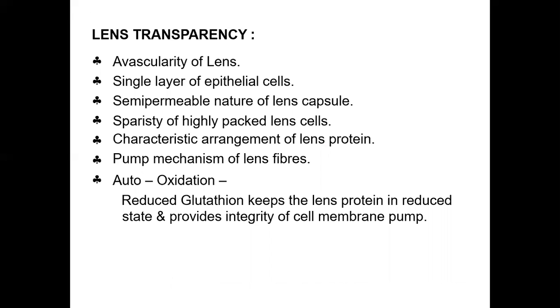Lens transparency depends on a few factors. Definitely the avascularity of the lens; there are no blood vessels in the lens. A single layer of epithelial cells on the anterior surface is very important. The semi-permeable nature of the lens capsule does not allow everything to enter the lens.